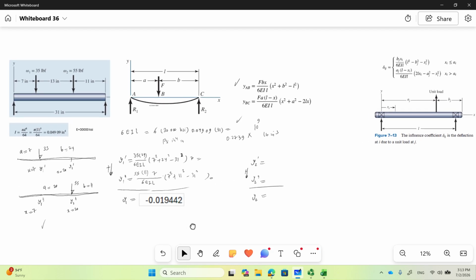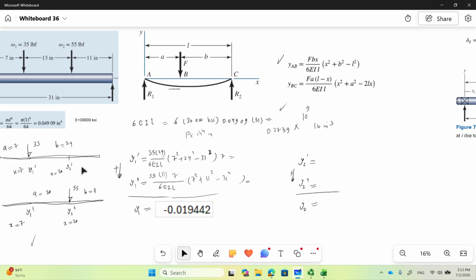For y2 again, I need to do y2 prime and y2 double prime and then add them to each other. So y2 prime, at this point, how much is the deformation due to this 35? So you see, for that one, we gotta use this equation because that point is beyond the point of action of that force. So we have to use this guy. So it's 35. What is A? Is 7.